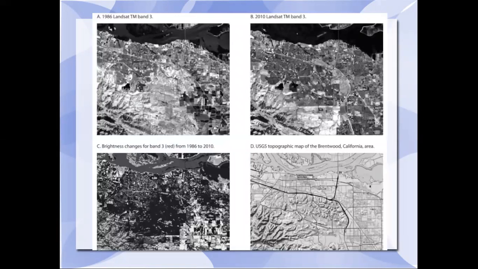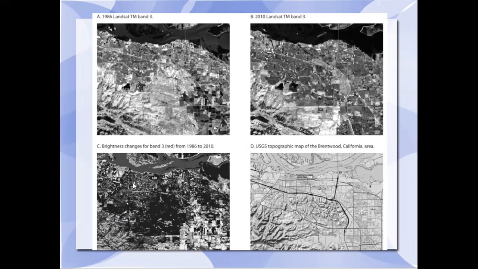And in the third image, if you can see in the center on image A, it's kind of more white or a lighter gray. In image B, it's a little bit darker in the center. So you can see a little bit of urbanization going on there. So on image C, it's very, very dark.